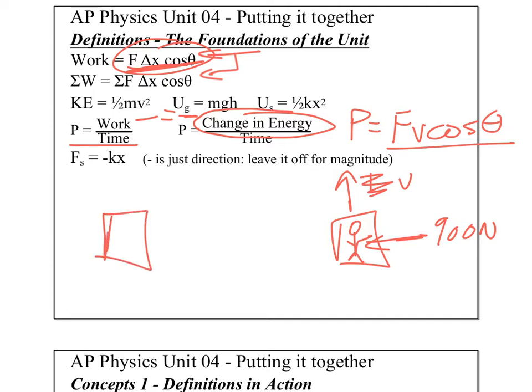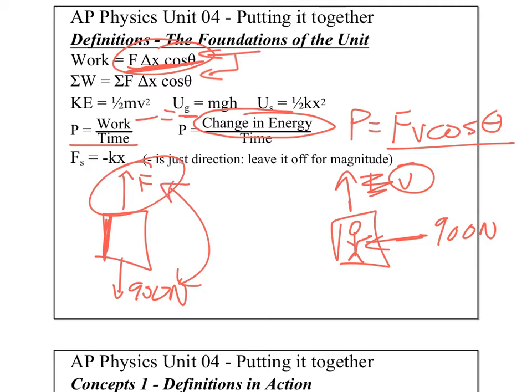I think there were at least two of these types of problems on the test practice problems, where it gave you the mass and then wanted to know about the power generated by the upward force. So if the person weighs 900 newtons and we want to know what this force is, but we know it's moving at a constant velocity, these forces have to balance each other.